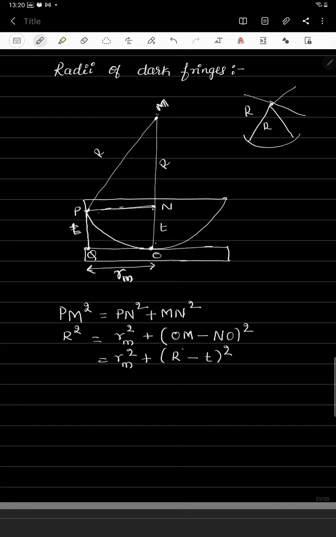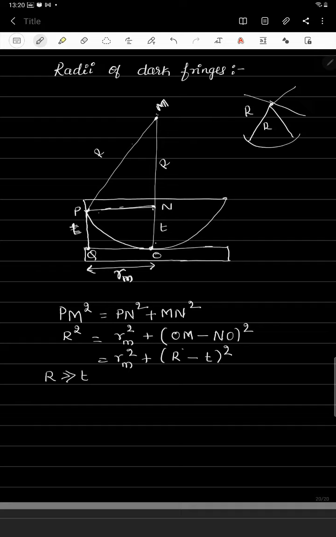If we simplify this, since capital R is far greater than T, as compared to this R value, the radius of curvature, in the experimental setup we have considered this convex surface to have a large radius of curvature.